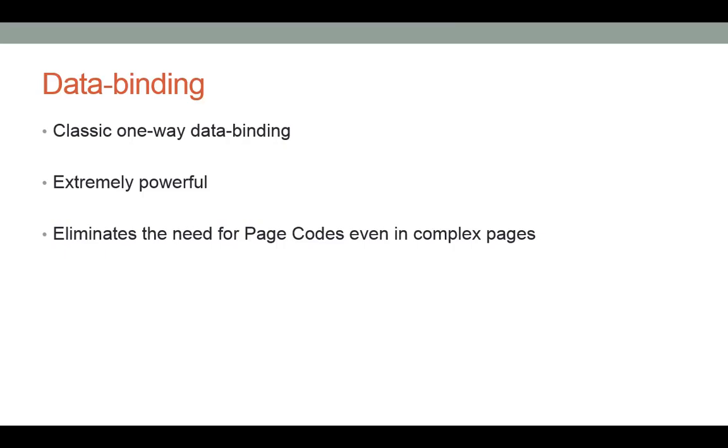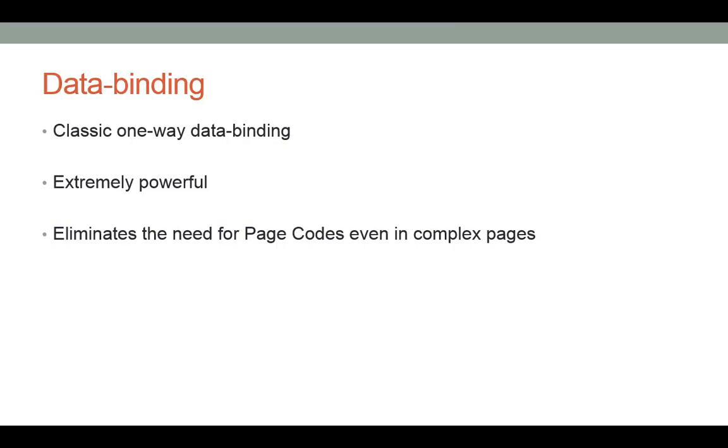This would significantly reduce the amount of JavaScript that the developers would have to write. Since we already have the model of the page in place, it was quite easy to provide simple one-way data binding. And as it has turned out, data binding is one of the most powerful features in Speak today, and it has allowed us to create very complex pages with no page codes simply by binding the components together.